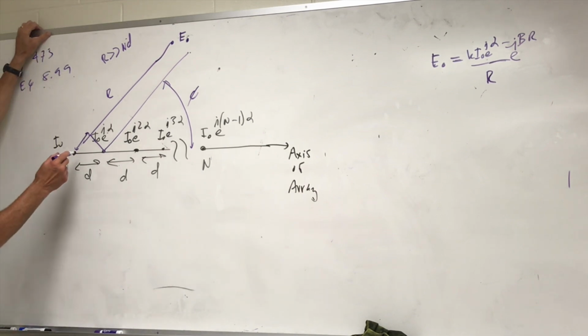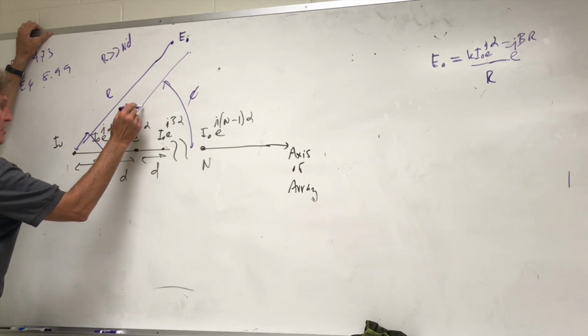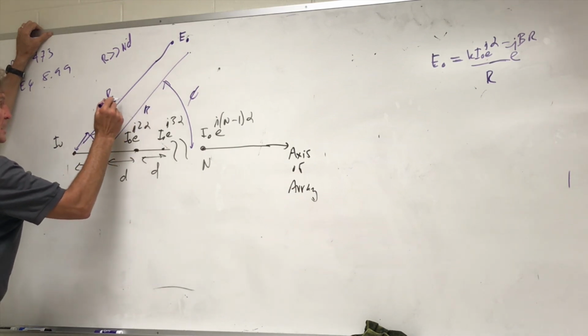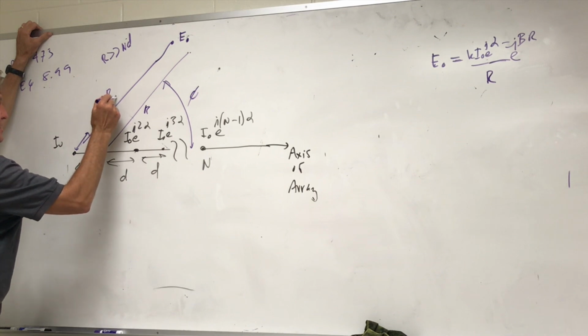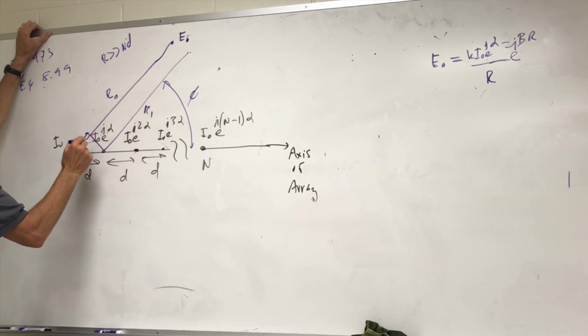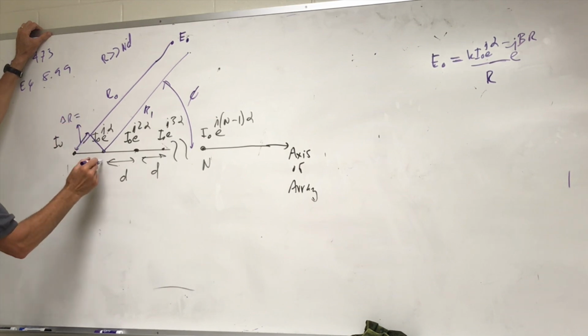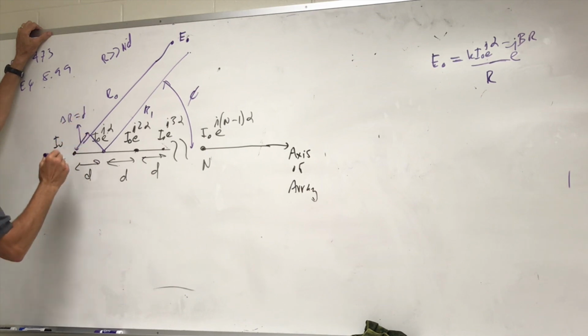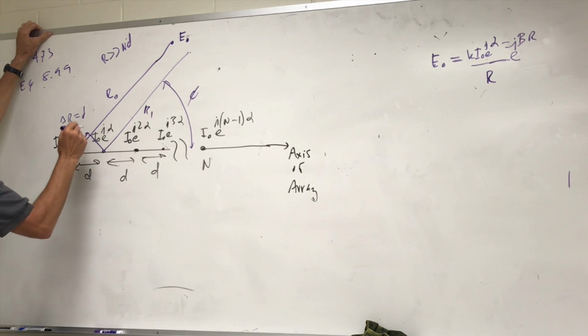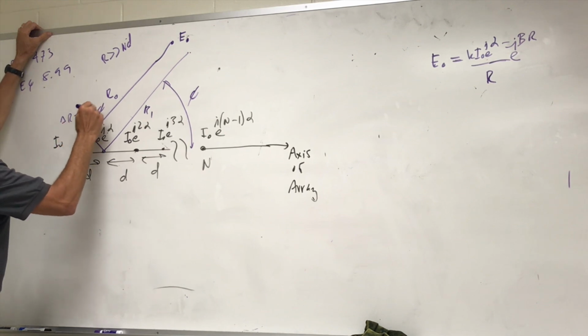Now, this distance here compared to this distance, call this R naught, this would be R1. This distance right here, delta R, is simply going to be equal to the spacing D, and it's going to be that times the cosine of phi.